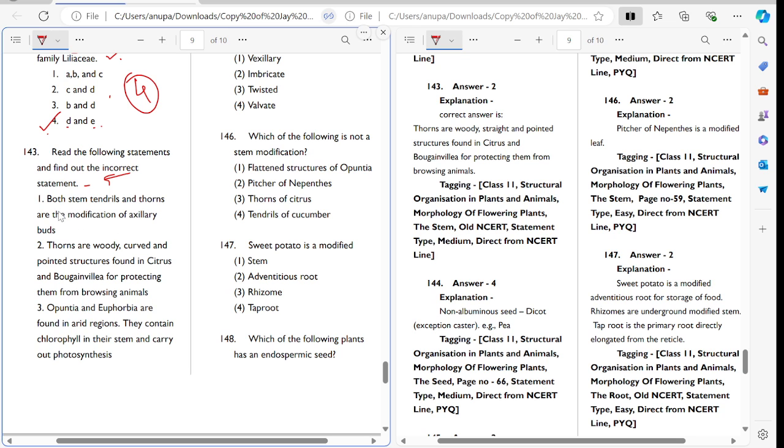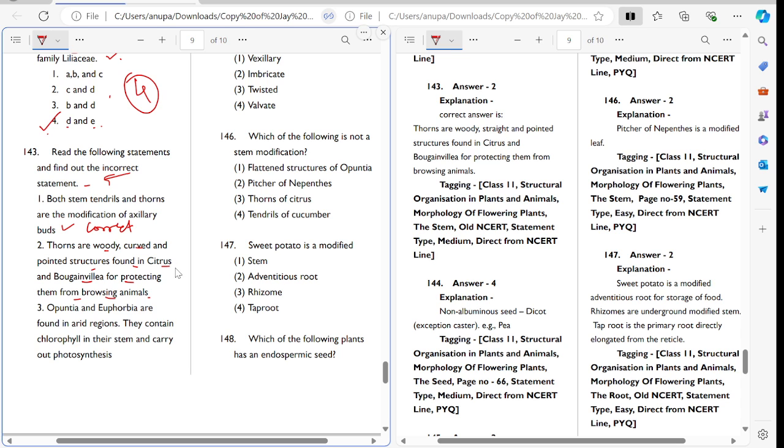First statement says that both stem tendrils and thorns are modifications of axillary buds. So this statement is correct. Stem tendrils and thorns are actually modifications of axillary bud. Second statement says that thorns are woody, curved and pointed structures found in citrus and bougainvillea for protecting them from browsing animals.